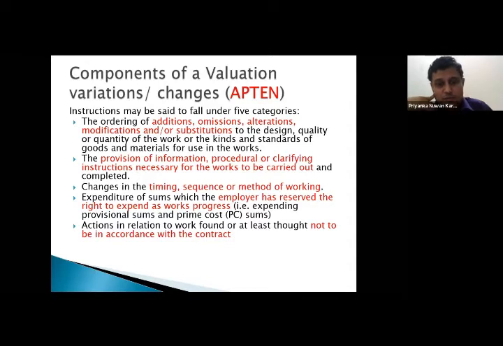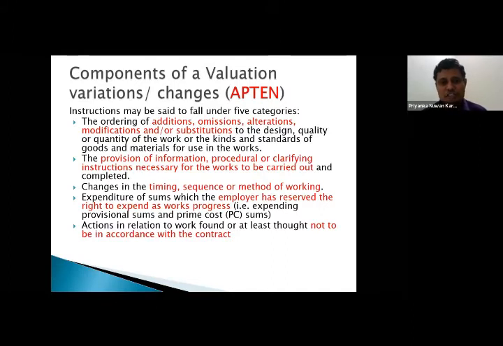Then the expenditure of sums which the employer has reserved the right to expend as work progresses. Now, this is a little bit of a tricky thing, because as per Oman conditions of contract, there is a clause called clause 58, which is the provisional sum. The provisional sum clause has evolved in the FIDIC up to FIDIC 2017 version, still as the reins in a horse, right, can be kept by the employer, because it specifically states provisional sum can be expended in full, part, or not at all by the employer.